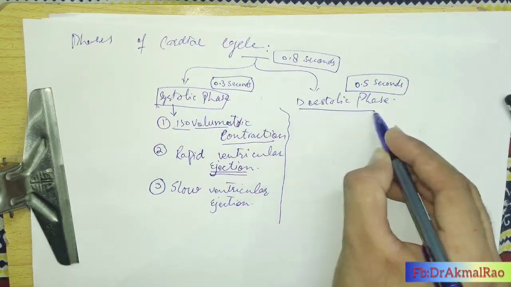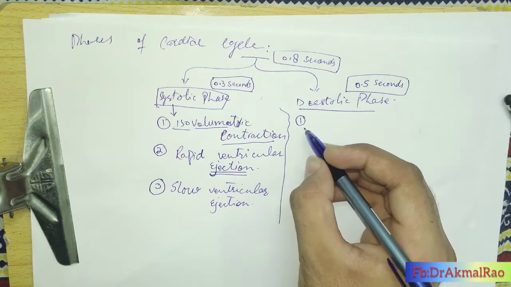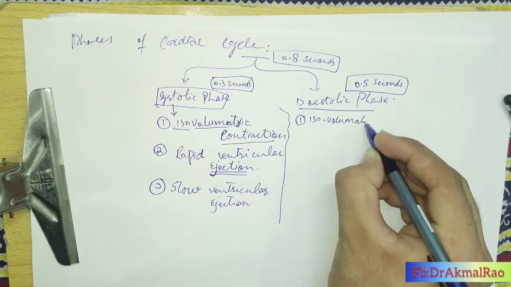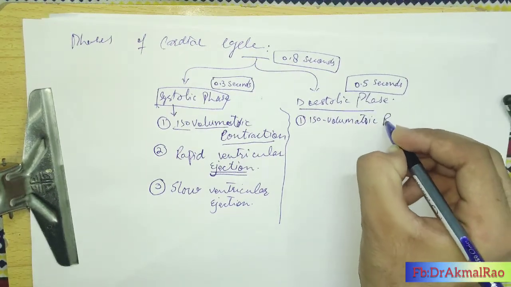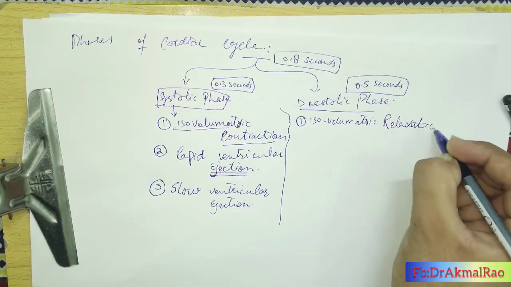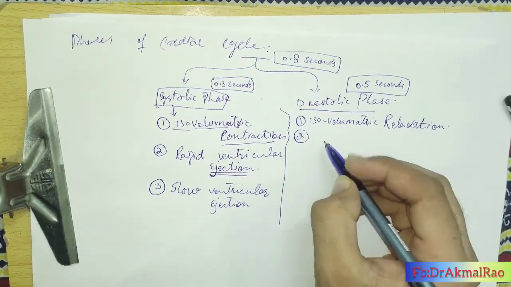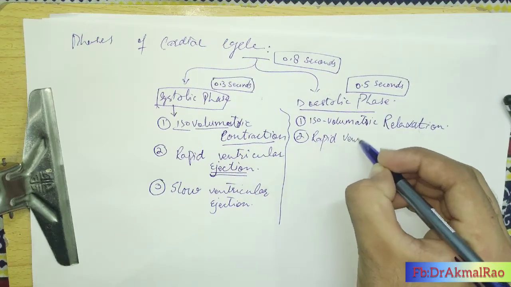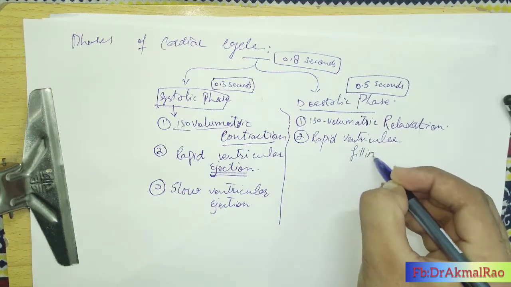Now talking about the diastolic phase. The diastolic phase has four subphases. The first one is isovolumetric relaxation. The second one is rapid ventricular filling.